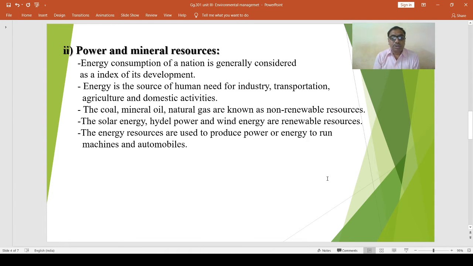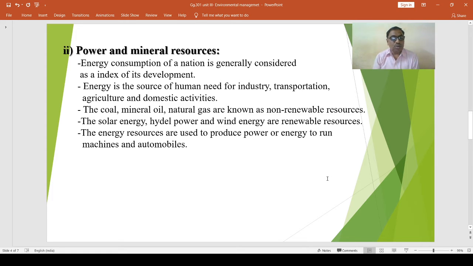It is used to run many devices. It is used for cooking, drying agro products, etc. Now, the demerits of solar energy. Cloudiness influences the harnessing of solar energy to produce heat to some extent.